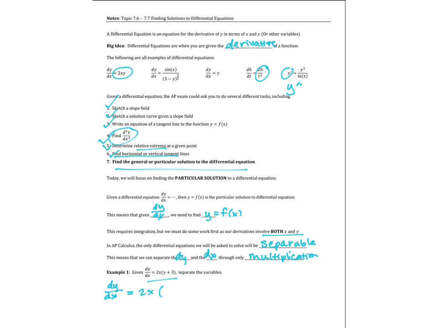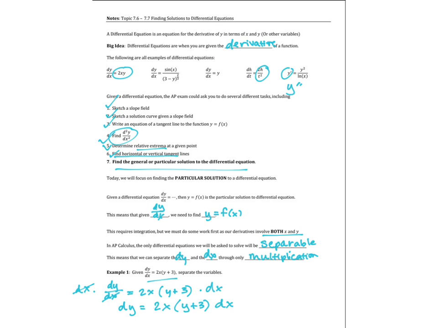Yeah, I don't know right and left. Multiply both sides by dx. So yeah, those can separate. Multiply both sides by dx, and you'll get rid of that. So you end up with dy equals 2x times y plus 3 dx.